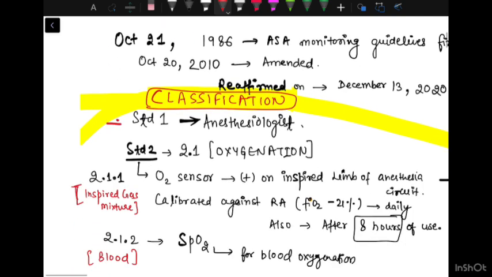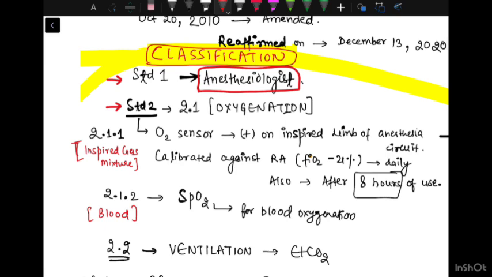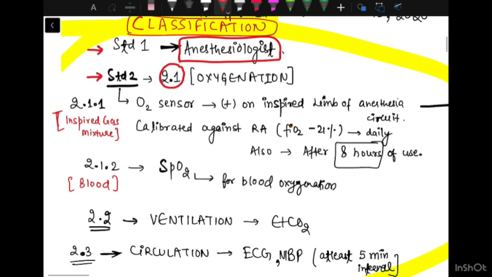That is ASA standard monitors 1 and 2. The ASA standard 1 is actually the anesthesiologist itself, because the person who is conducting the case is constantly looking at the monitors and patient clinically. So that will be the first standard monitor, and all the other monitors are the ASA standard 2 monitors.